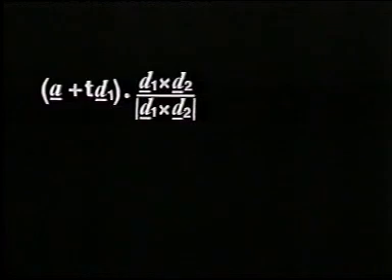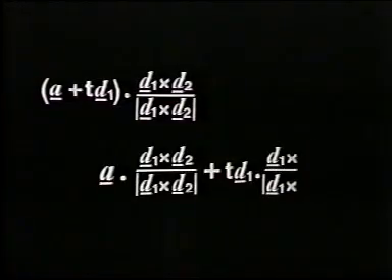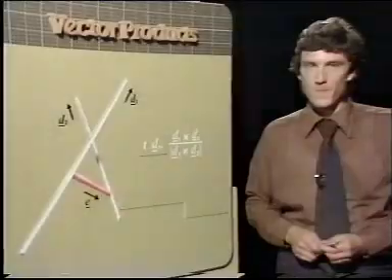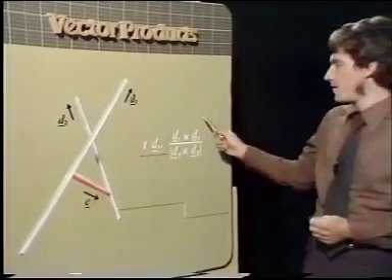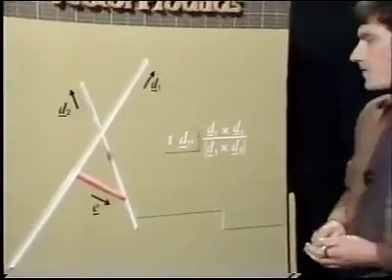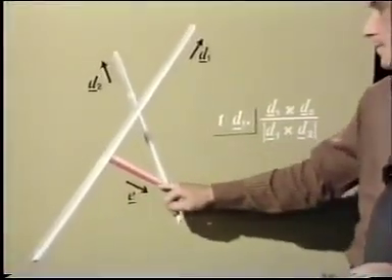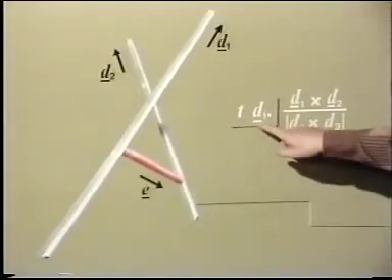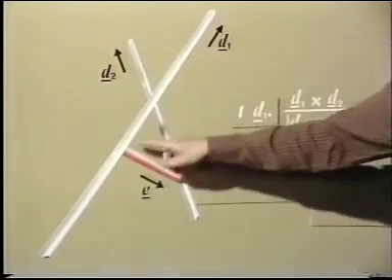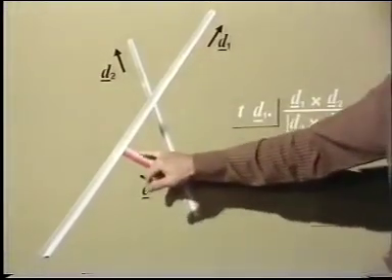Now, if we expand this, we get two terms, one involving the dot product of A and one involving the dot product of D1. Now, let's take a close look at that second term, because that's the term involving T. It's this term here. Now, this bit is a unit vector along this line, and D1 is a vector along this line. And these two lines are perpendicular, because this is a right angle.